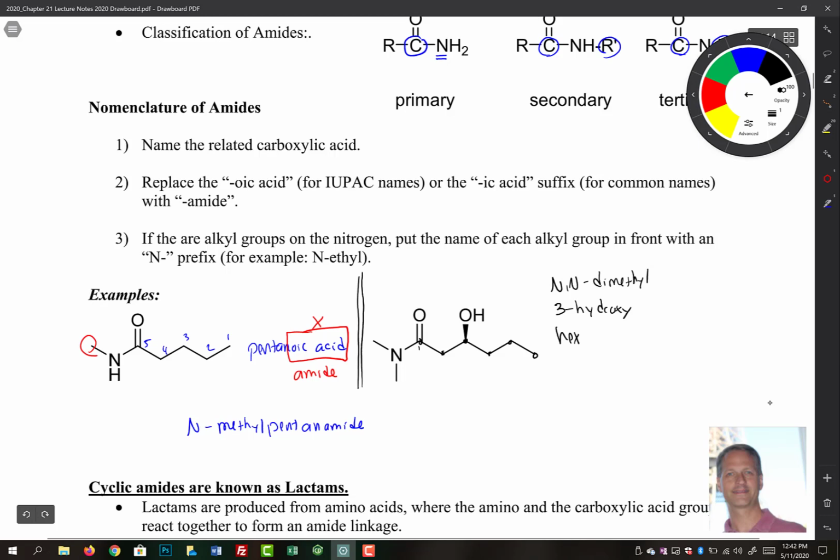It's a hexane. It would be an oic acid, but we drop the oic and we add amide. So then putting all of that together, you're going to get 3-hydroxy-N,N-dimethylhexanamide.